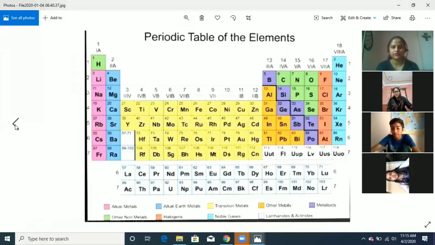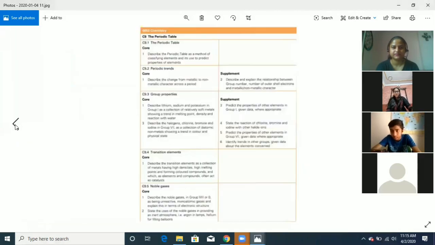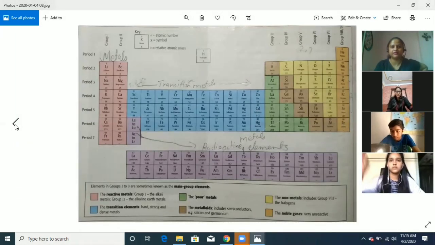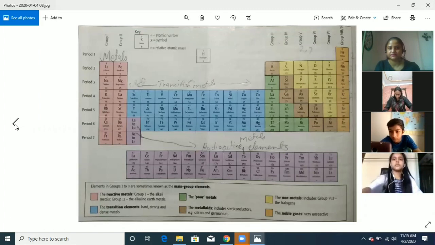I think in your book you have seen this type of table. This is the periodic table. As you can see in the screen, some blocks are given, some symbols are written, some numbers are written. This is the periodic table and these are elements.